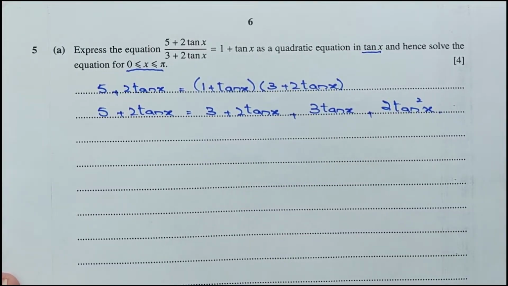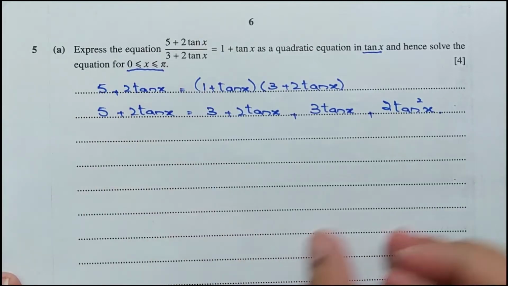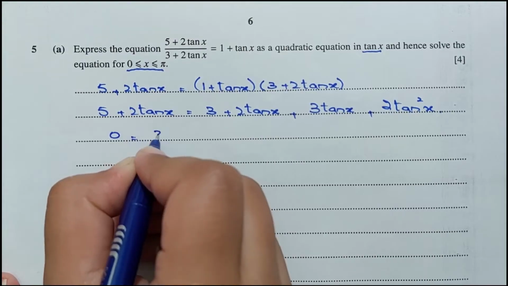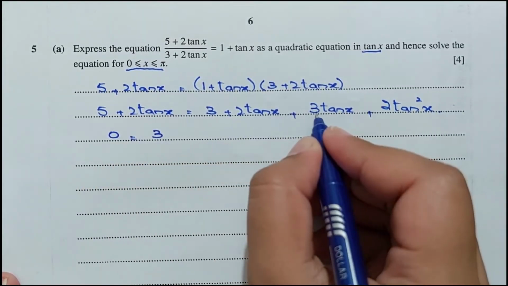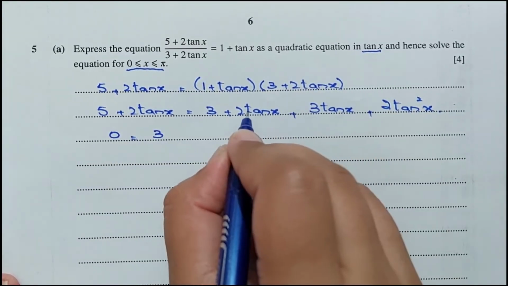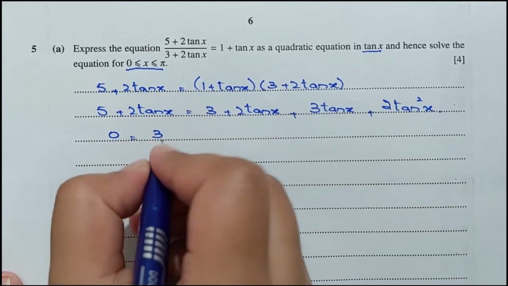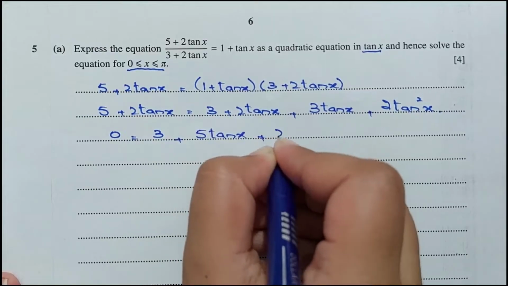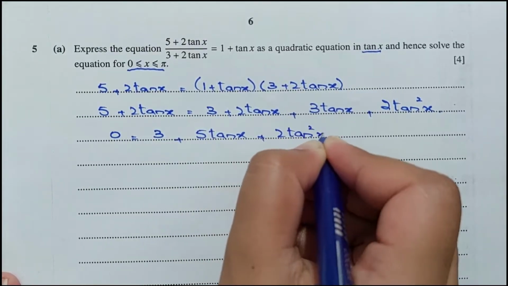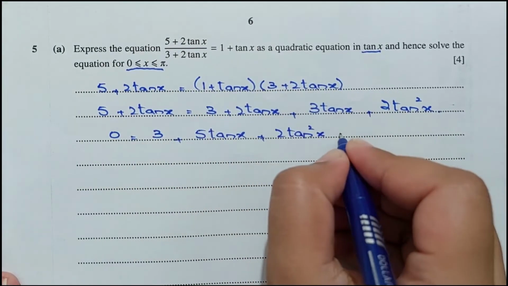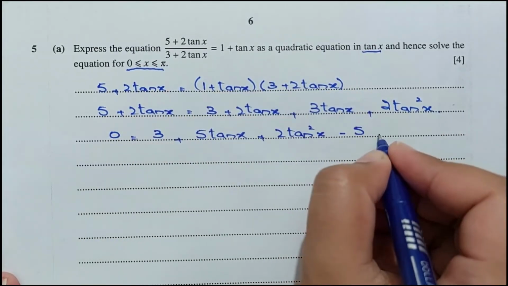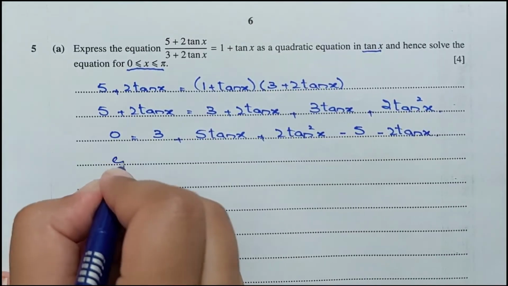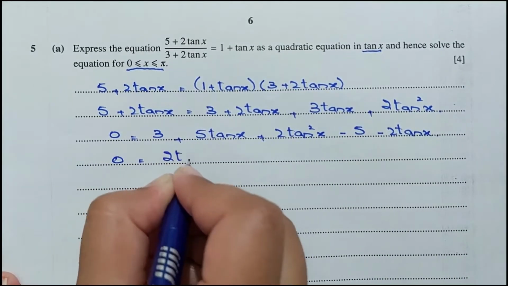Now let me arrange that quadratic equation, shifting all the terms to the right, and 0 over here. We have 3 and 2, both with tan x. These are the coefficients of tan x, so 2 plus 3 would be 5, so we can take 5 tan x plus 2 tan square of x. I shifted this 5, it becomes minus 5, and shifting this 2 tan x is minus 2 tan x. 0 should equal 2 tan square of x.